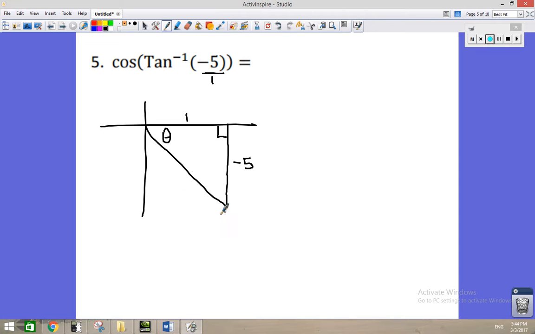By the Pythagorean theorem, negative 5 squared is 25, 1 squared is 1. 25 plus 1, take the square root, 26, and there's our hypotenuse. We're letting this inverse tangent be equal to theta. So this is the same as asking us to determine the cosine of theta. And 1 over radical 26 needs to be rationalized, which is radical 26 over 26. And there's our final answer.